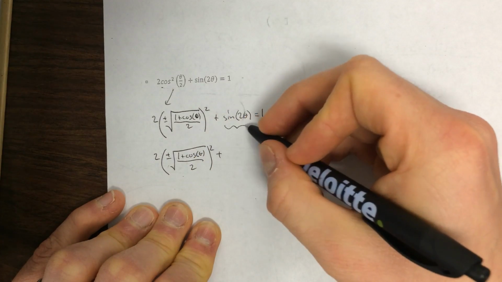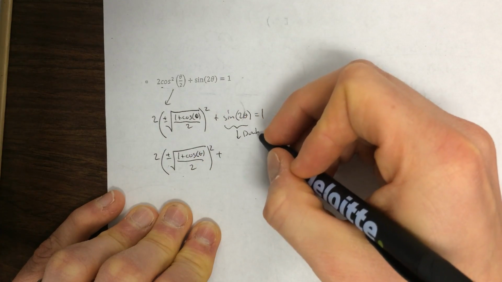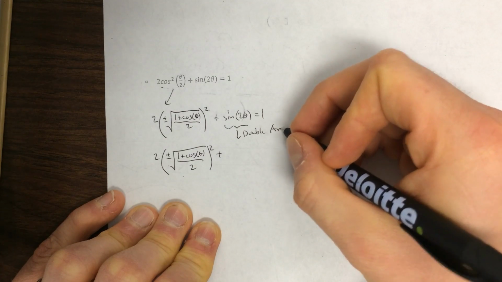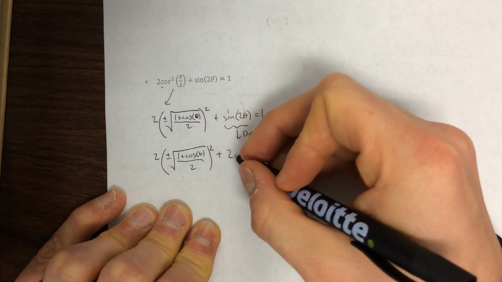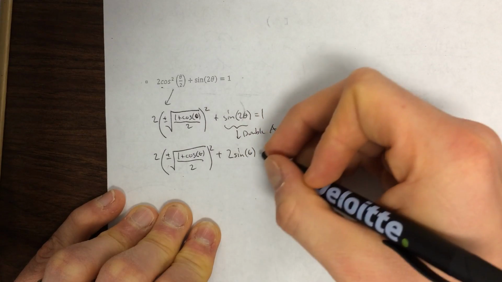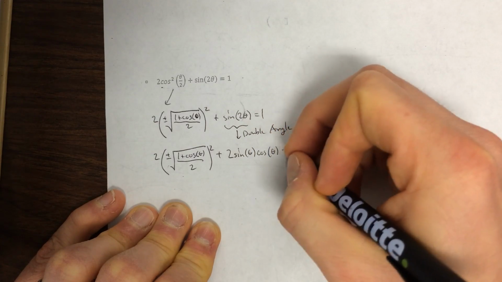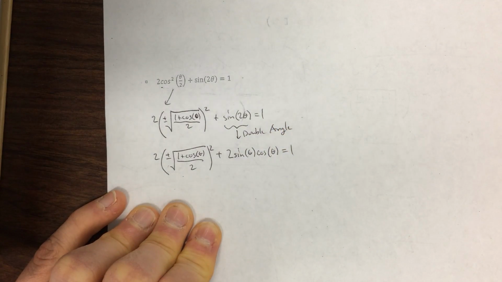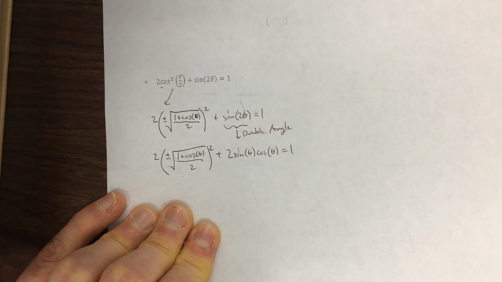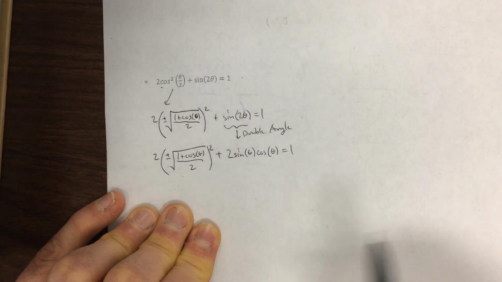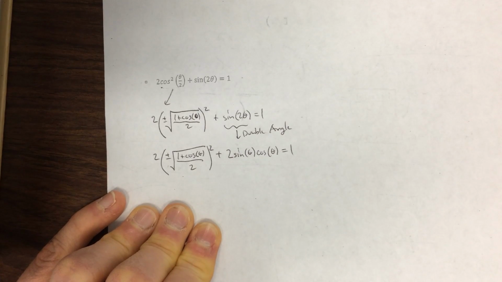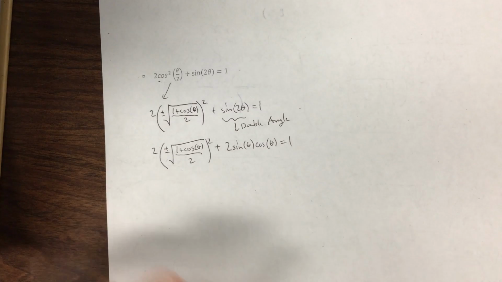So what we can also do is use a double angle formula and say this would become 2 sine theta cosine theta, using the double angle formula that we covered last class. And if we do that, now hopefully things would happen to where you would be able to factor and get solutions on their own.